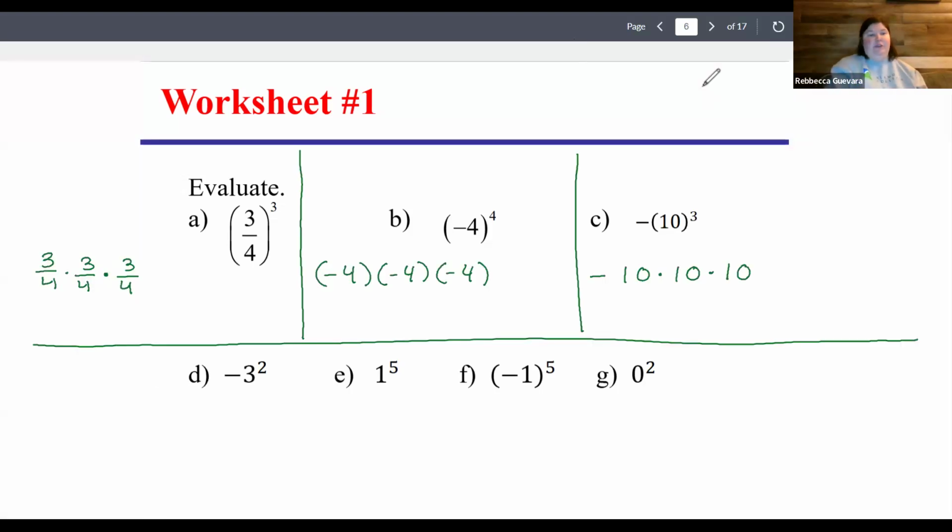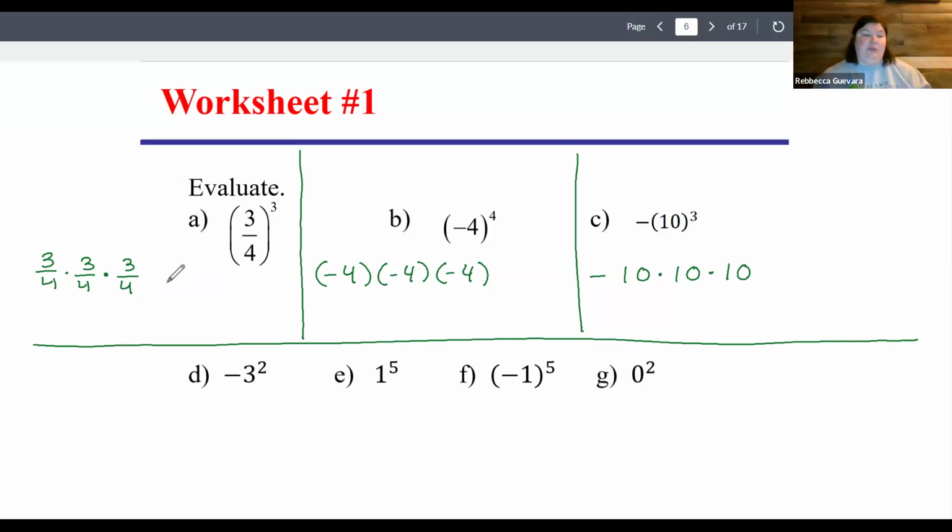Okay, starting with the first couple here. Based on what we know about fractions, we're going to say that (3/4) to the power 3 is just 3/4 times 3/4 times 3/4. Notice that we have these parentheses here, and the 3 is on the outside of the parentheses, so everything in those parentheses is duplicated 3 times.